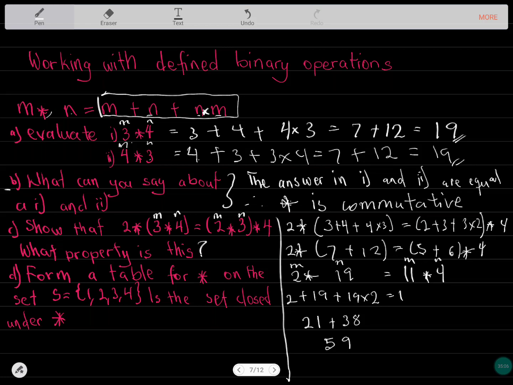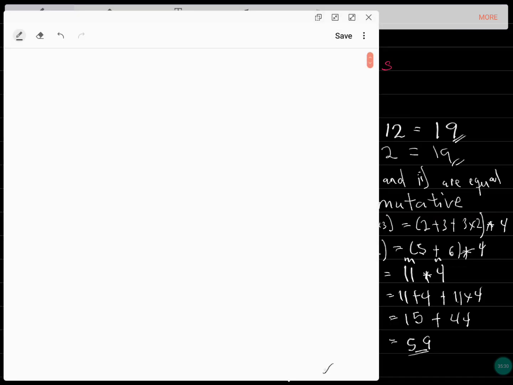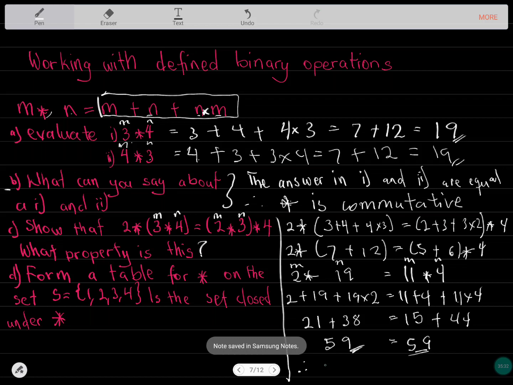When we expand, we are to have 11 plus 4 plus 11 times 4. 11 plus 4 is 15. 11 times 4 is 44. When we sum this up, we are going to have 59. So we can conclude that, therefore, star is associative.